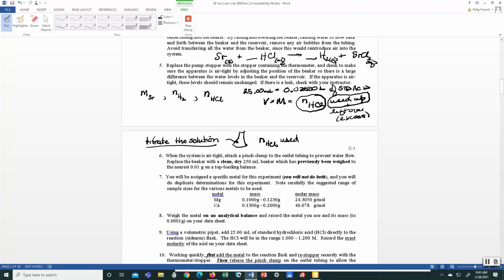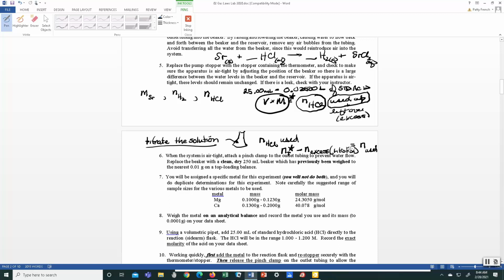We find that by the total that we calculate, given this, minus the number of moles that were excess, which we find from the titration, will give us the number of moles consumed in the reaction.